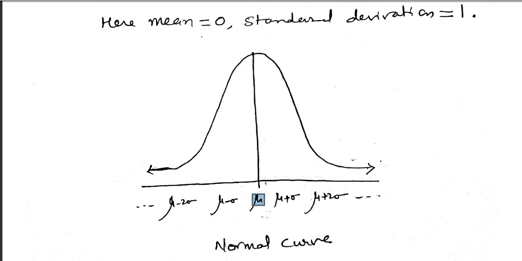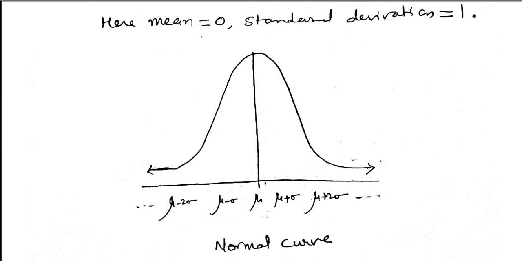So look at here, this mu is representing mean, mu plus sigma means mean plus standard deviation, mu plus 2 sigma. In the same way, on the left hand side, mu minus sigma, mu minus 2 sigma. One important property of this normal curve is that y decreases rapidly as x increases numerically.